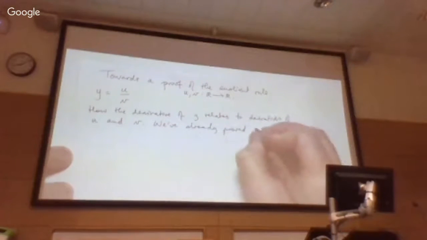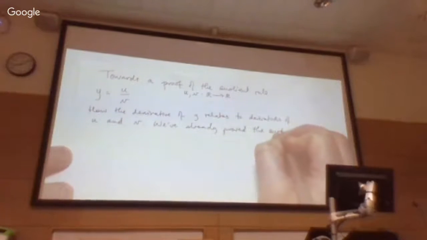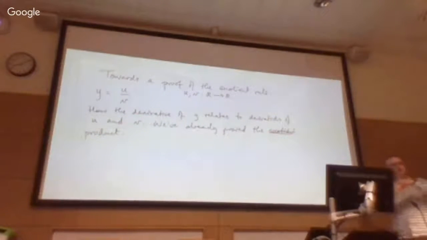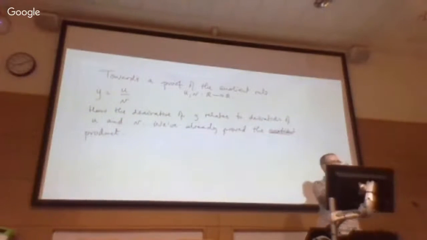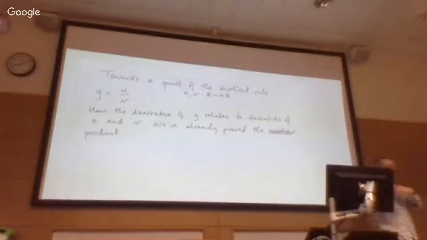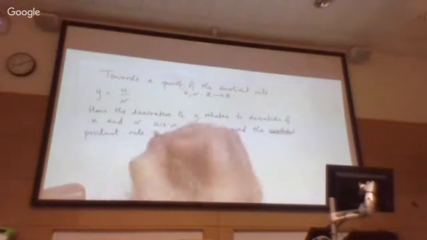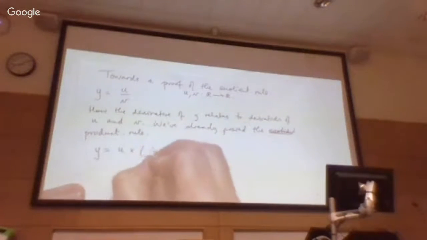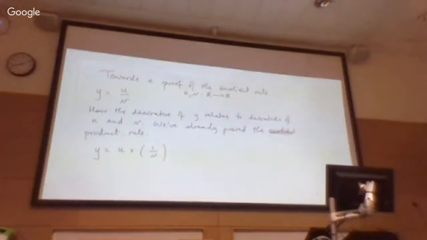The quotient rule doesn't look a million miles away from the product rule. It still has that structure where it's one function times the derivative of the other, plus or minus the other function times the derivative of the other one. So it's kind of reminiscent of the product rule in some sense. So we've already proved the product rule. With that in mind, we can rewrite y in a slightly different way.